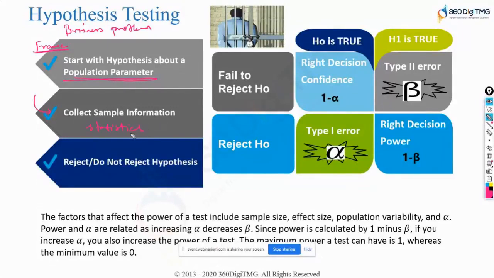So we do inferential statistics to estimate population values. Population parameters have to be estimated. And based on the population parameters that we are getting, we would either reject or fail to reject the default assumption. We take those conditions.